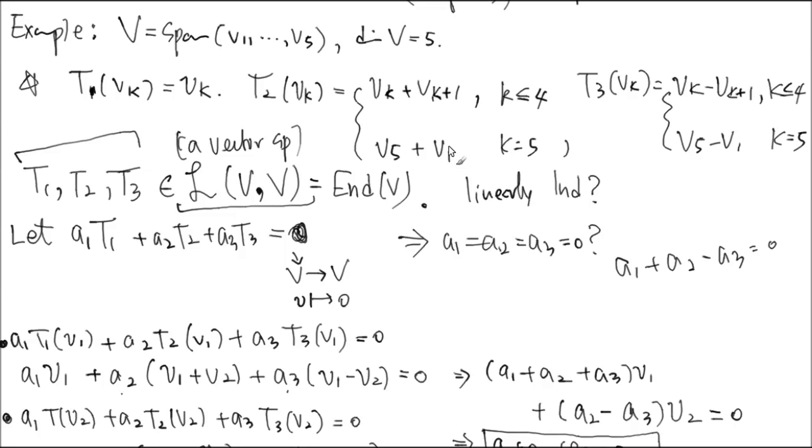T2 is ascending, V1 to V2, V2 to V3, and T3 is V1 to V3, V2 to V4, skipping 2 indices, and those are good examples of independent maps. If you try that, you're going to easily show it as independent. I'm going to make that a lecture review problem. All right? You're feeling better about independence of linear maps?